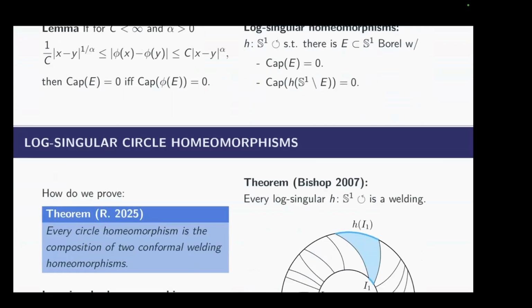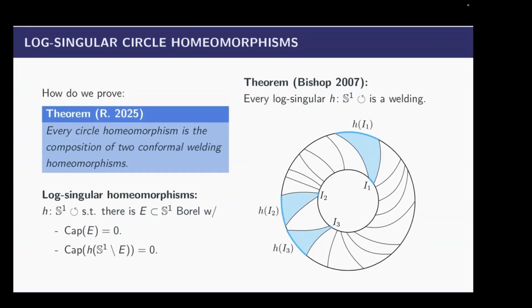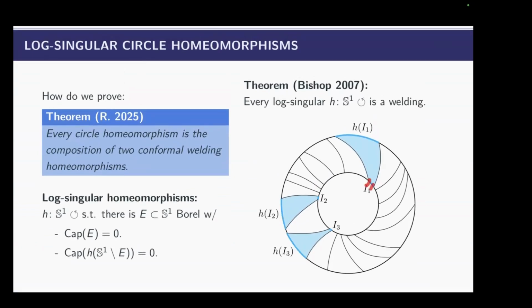Here I draw what a log singular map looks like. You can see that it basically needs to take very small intervals to very large intervals and alternate this. The fantastic theorem that Chris proved in 2007 is that every log singular homeomorphism is a conformal welding.